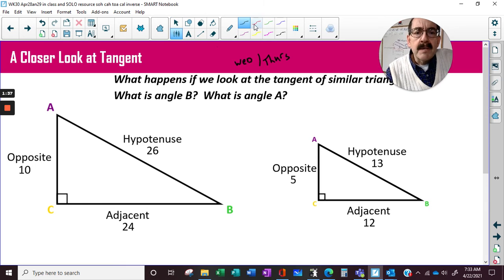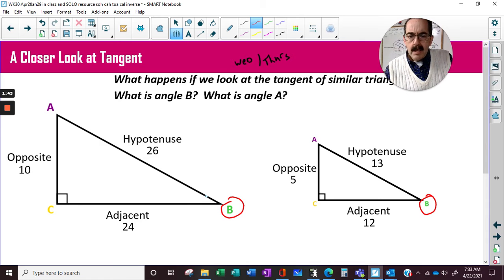First thing I'm going to do is angle B. Angle B, TOA. We're looking at tangent, so the opposite over the adjacent. The tangent of B equals 10 over 24.